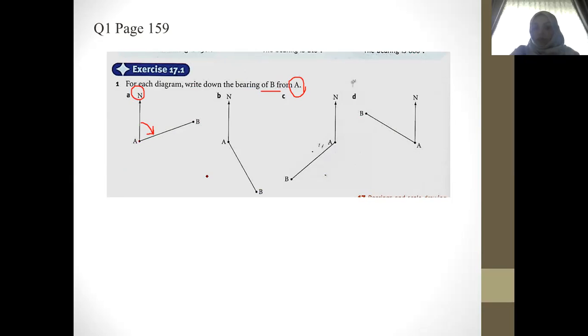Okay, so for the first one, it's about, let's say, 70 degrees. The second one is also the same, but we can just go and here we are, due north. A is at the vertex, measure this angle from here to there. I know that some of you might ask, oh teacher, how can I find this angle?